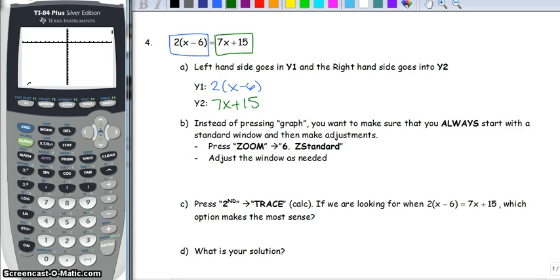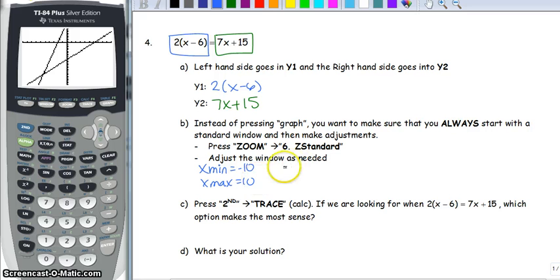Hit graph. And now I've got it. So our window, we didn't change our x's, so our x min is still at negative 10. Our x max is still at a positive 10. We changed our y min, ended up being at negative 30, and we did not change our y max. So that's still a positive 10.